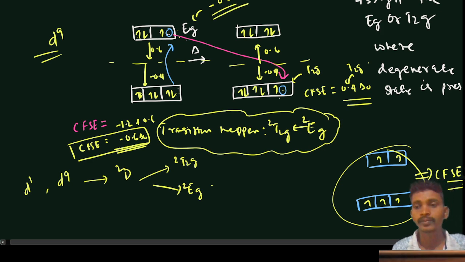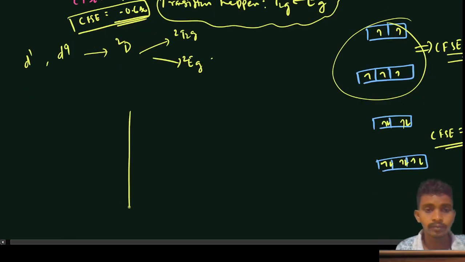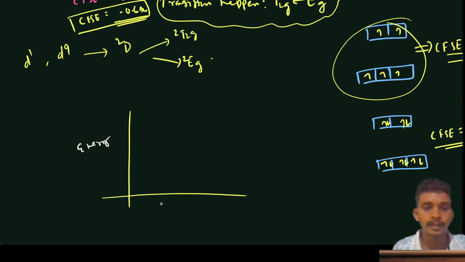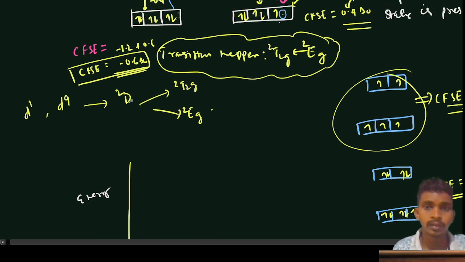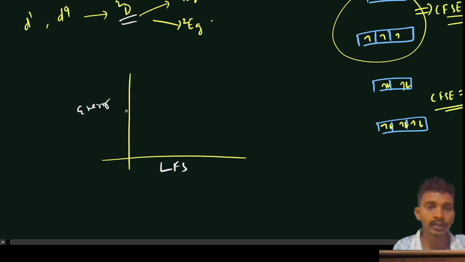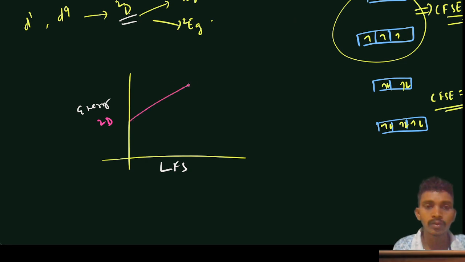Okay, now I will draw the Orgel diagram. So here energy, here ligand field strength. So this is D2, and these are T2G and EG. I will draw here T2G and EG.